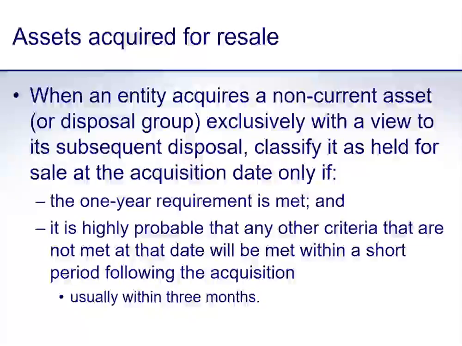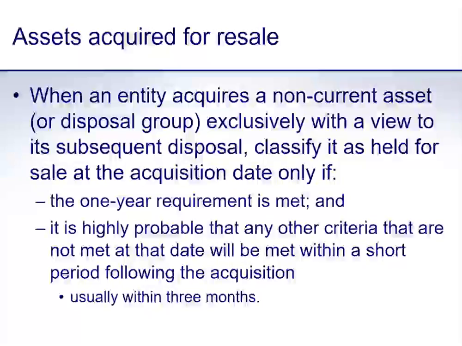So if that is the case, again, classify that asset or that group of assets as held for sale at the acquisition date. But the only way that I can do that is I must meet certain criteria. Do I have the intention of disposing of the asset, all of the criteria that we had before? And do I think that I'll be able to do all of this within the next year?